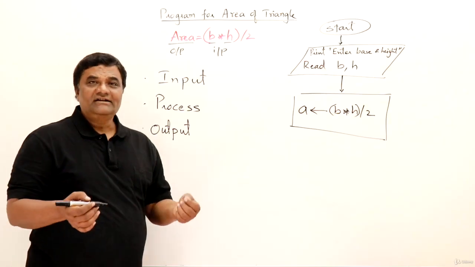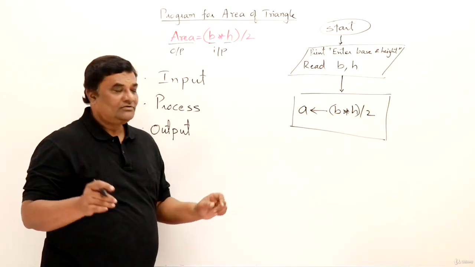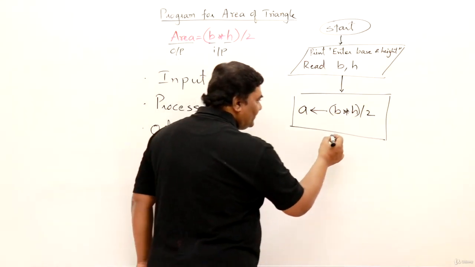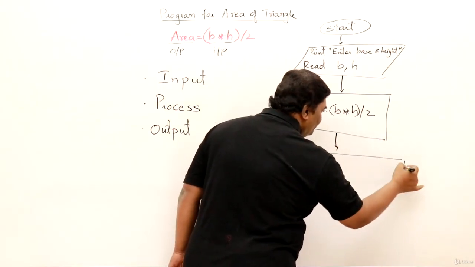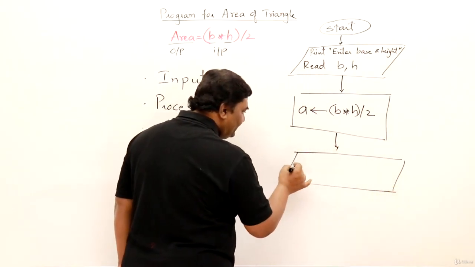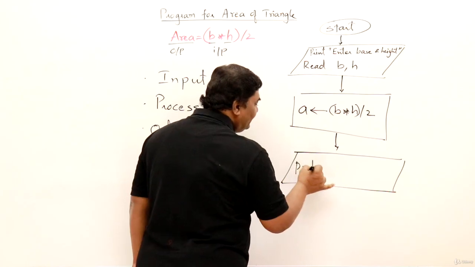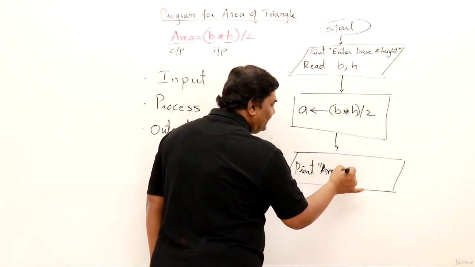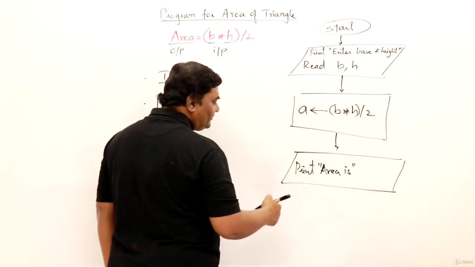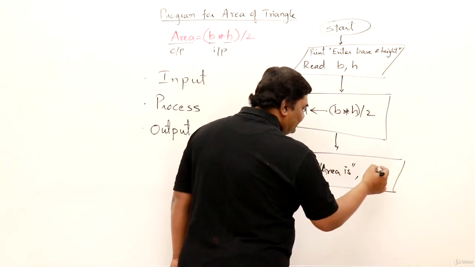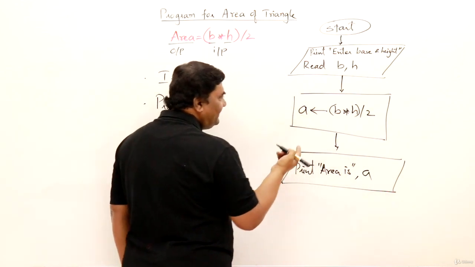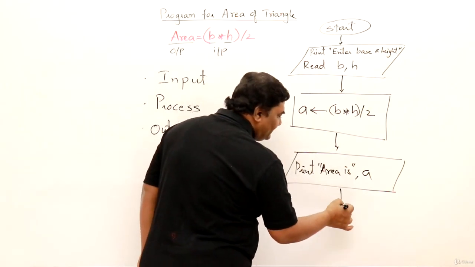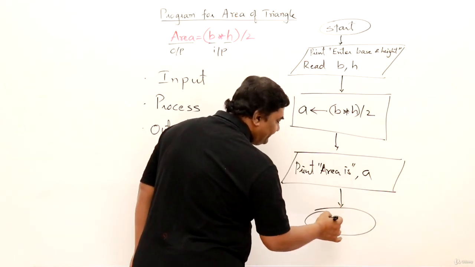I should tell you that the area is so and so. So next is again output. For that, in the parallelogram or output box, I should say print area is, right? This is the message I am giving you. The messages are written in quotes. Then next is A, as I have the result in A. That's all. This is the output, the end of the flow chart.